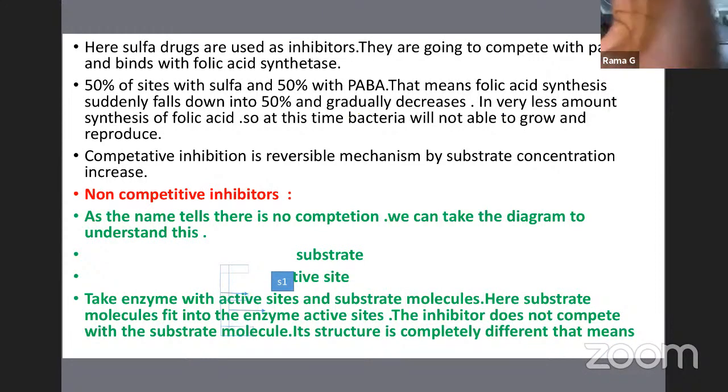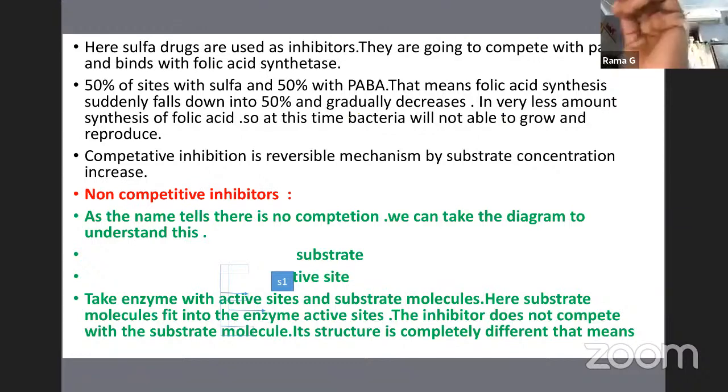The rate of production of end products gradually decreases, and in very little amount folic acid is synthesized. That means production of folic acid decreases. At this time, bacteria will not be able to grow and reproduce.